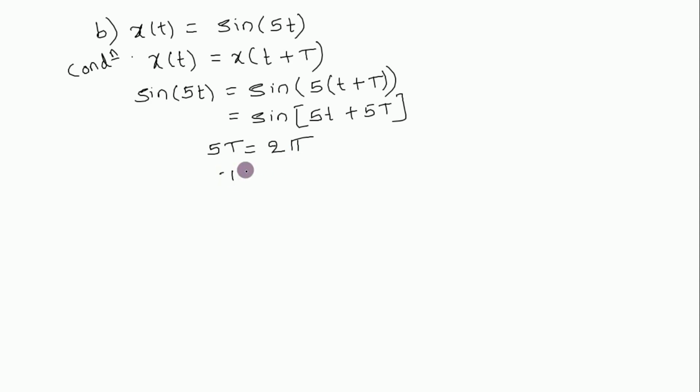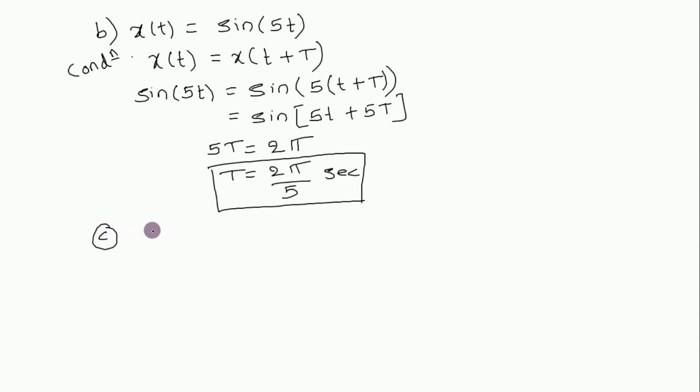Hence T is equal to 2 pi by 5 seconds. This is the fundamental period, and the fundamental frequency is just the reciprocal of it. Now I'll take one more example.